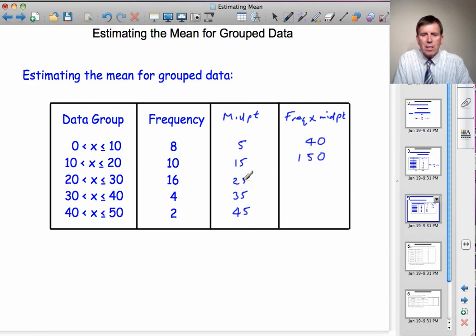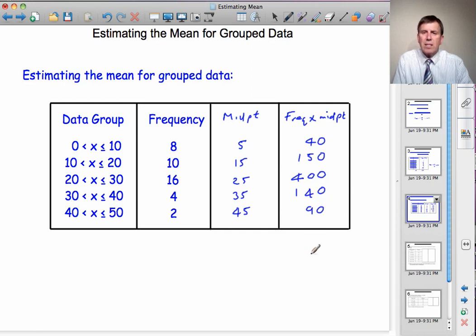Now we've got 16 times 25. Well, 4 lots of 25 are 100, so 16 lots of 25 is 400. 4 lots of 35, well, 4 5s are 20, 4 30s are 120, so that'll be 140 altogether. And finally, 2 lots of 45 gives 90.